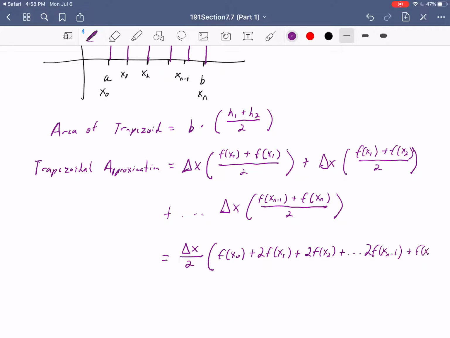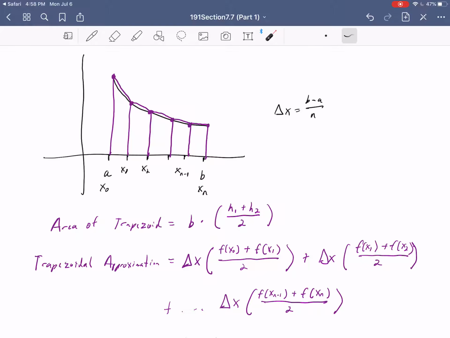So this is a very different approximation because the first and last terms don't have any coefficient on them, but everything else has a 2. That's because every other approximation is going to be used twice. You can see that visually: x sub 1 is used as the right end of the first trapezoid, but it's also used as the left end of the second trapezoid.